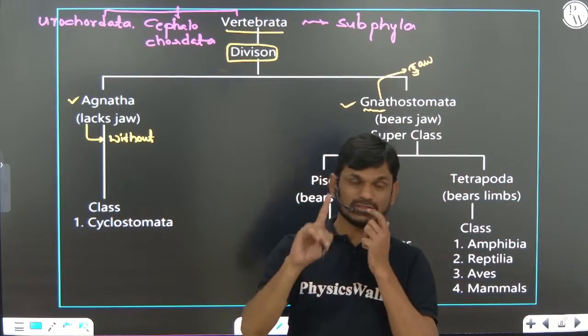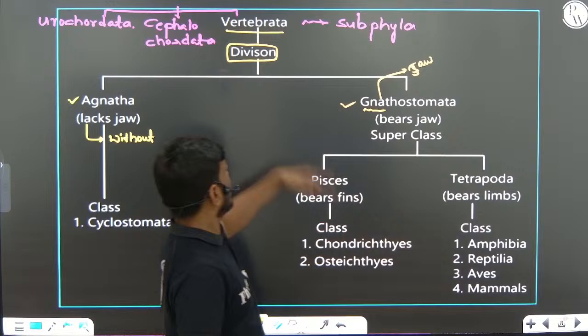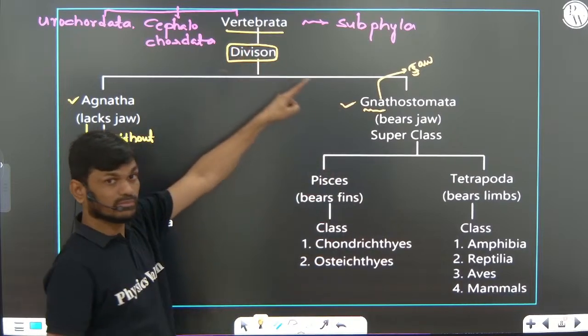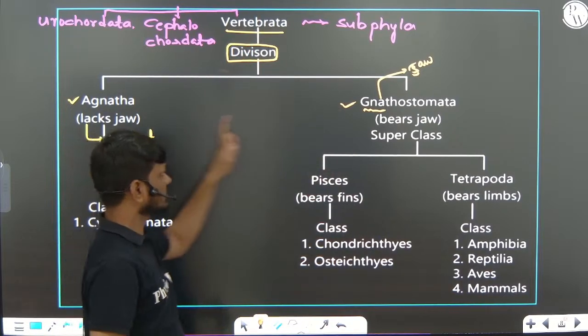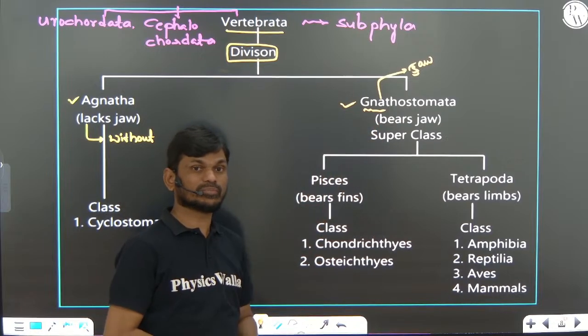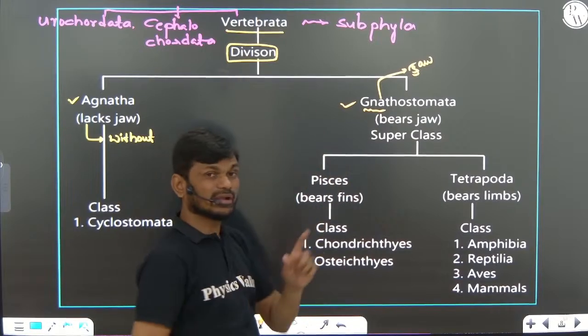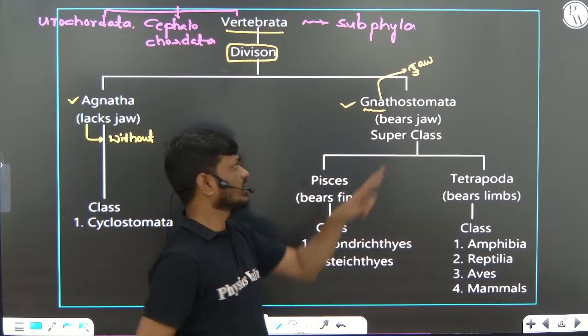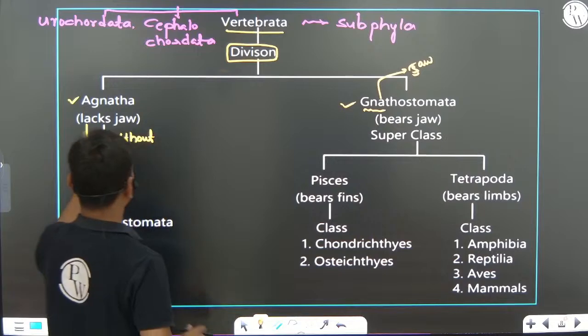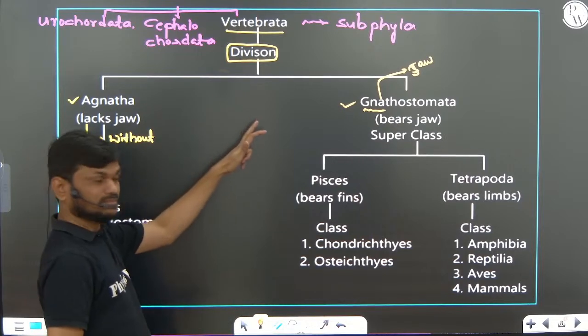Based on the presence and absence of the jaw, we classified Vertebrata into two categories, Agnatha and Gnathostomata. They will ask you: based on which of the following characteristic features is Vertebrata divided into two divisions? Without jaw, with jaw.